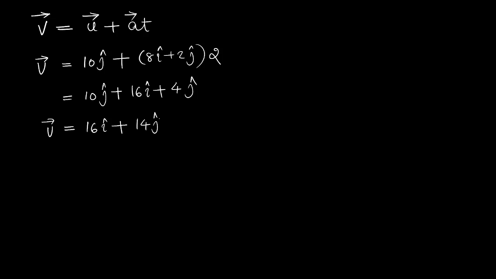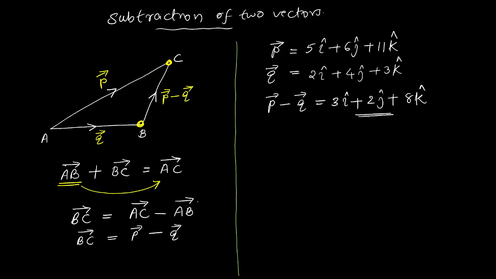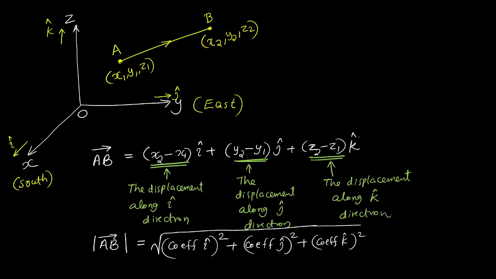Devasri, okay. In the previous class, we studied that speed is the magnitude of velocity. If a vector is given in terms of i cap, j cap and k cap, the magnitude or length is given by root of coefficient of i square plus coefficient of j square plus coefficient of k square.